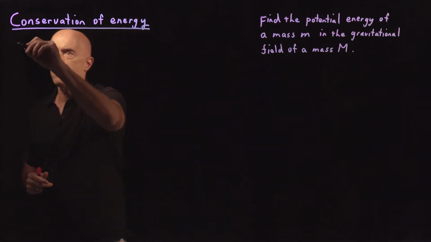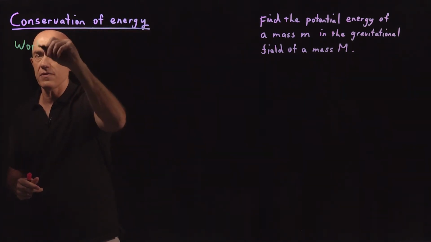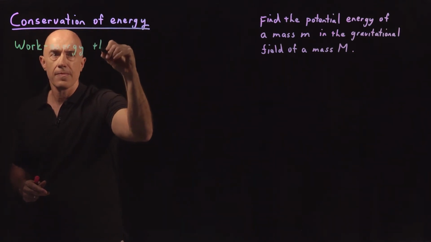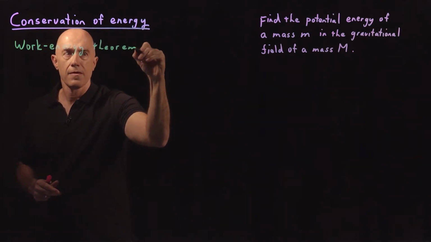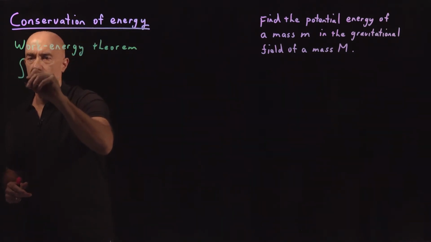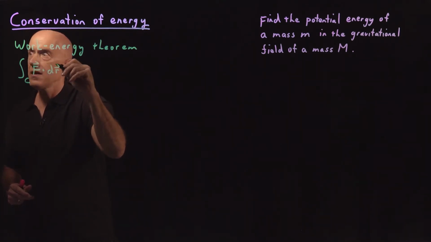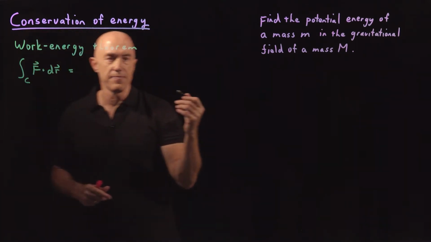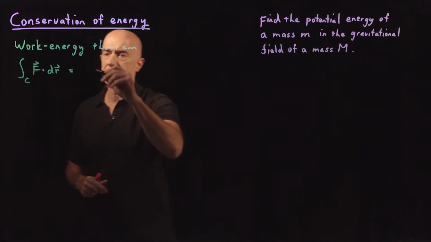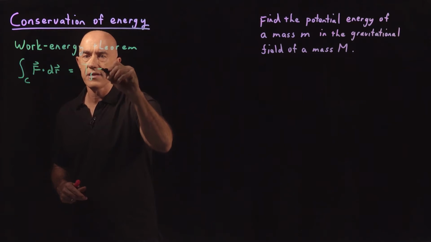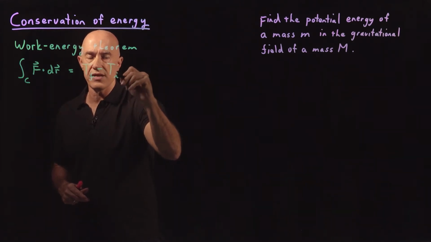So we can begin with the work-energy theorem, which we derived previously. We have the integral over some curve of the force dot dr, which changes the kinetic energy of a mass, so it's equal to the final kinetic energy of the mass minus the initial kinetic energy of the mass.